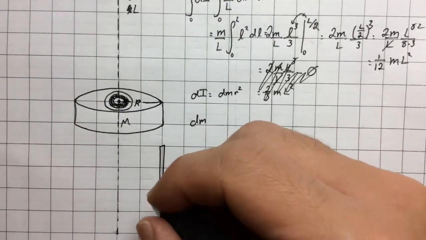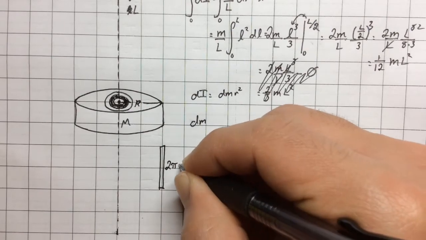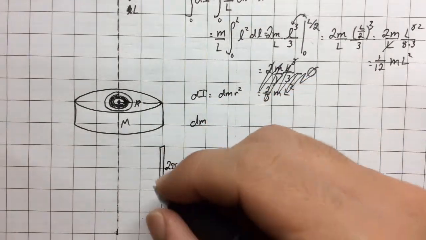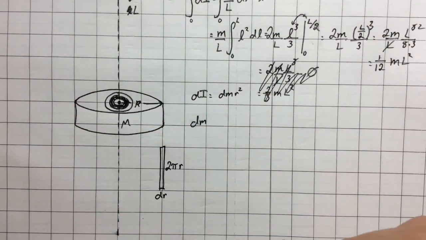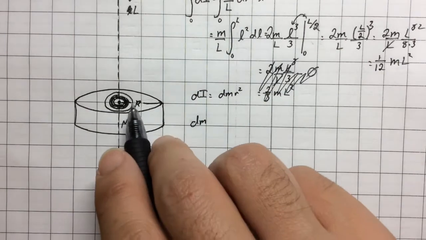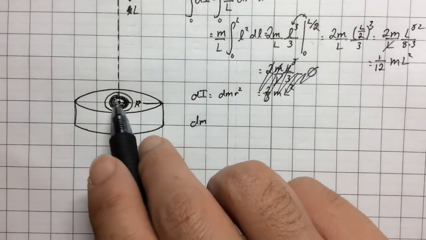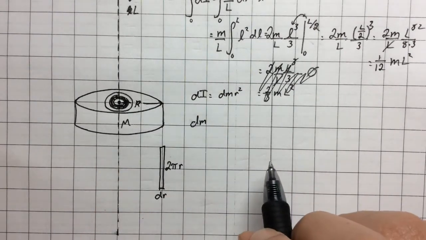That rectangle has a length of 2 pi r. I'm not going to say big R, I'm going to say little r. And it's got a thickness of dr. Can you see why? A little thickness. And dr is going to go from 0 all the way to r. We're going to add up all those drs.